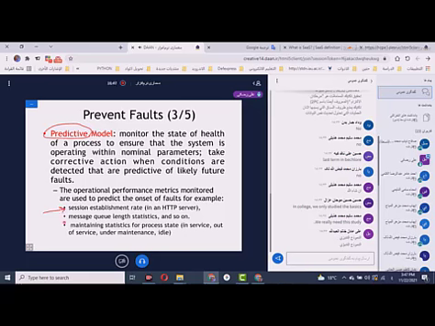For example, when you monitor a web server, and you see the session establishment rate is beyond the specified range, you say this server is going to have some problem, or maybe it will crash in a matter of minutes or hours.